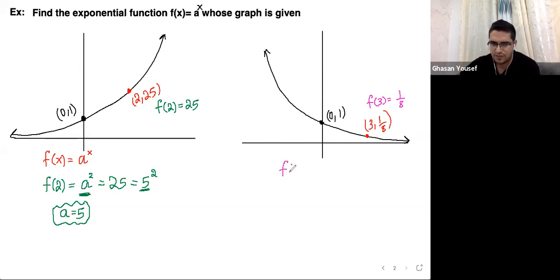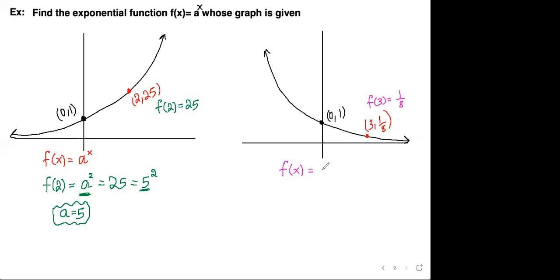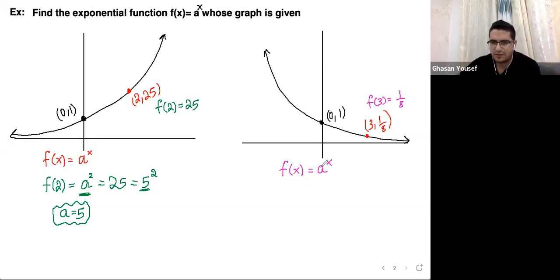My function is f of x equal a to the power x, so my goal is to find the value of a. To find a, I plug in the 3 and make it equal to 1/8. So f of 3 equal a to the power 3, and this is equal to 1/8.